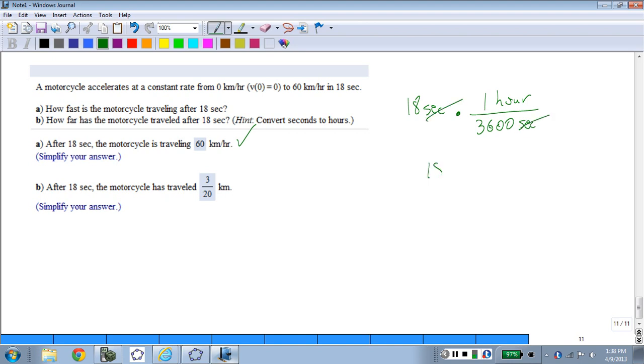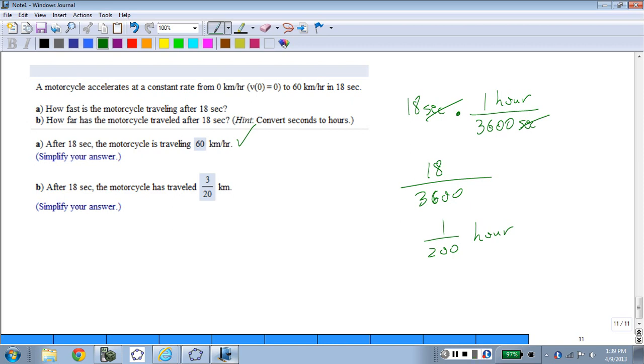So this is going to be 18 over 3,600. Or about, divide them both by 18. 18 seconds is 1/200th of an hour, I think, maybe. Strange way to interpret that. I'd much rather deal with seconds than hours, if it's such a small fraction of an hour.